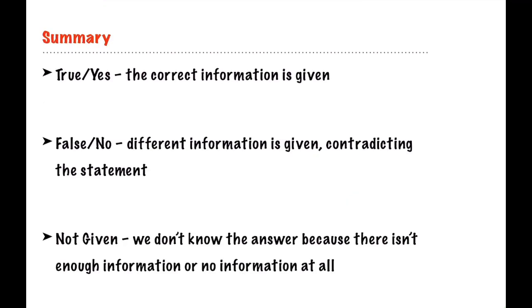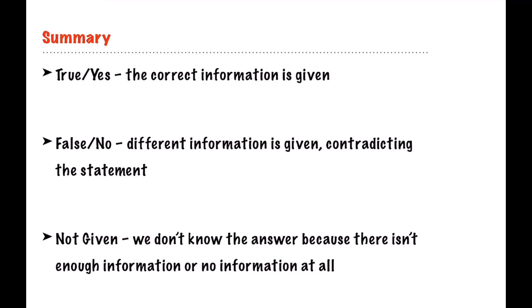Let's have a summary. True, yes, is when the correct information is given in the passage. So if the information in the passage reflects the statement, then it is true or yes. False, no, is when we have different information given in the passage contradicting the statement.